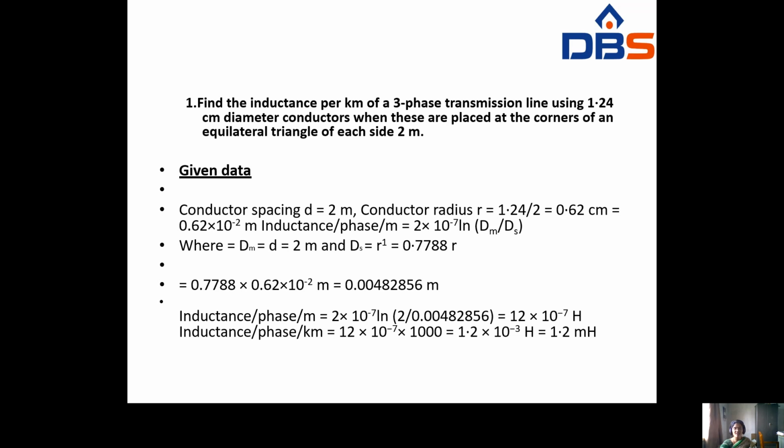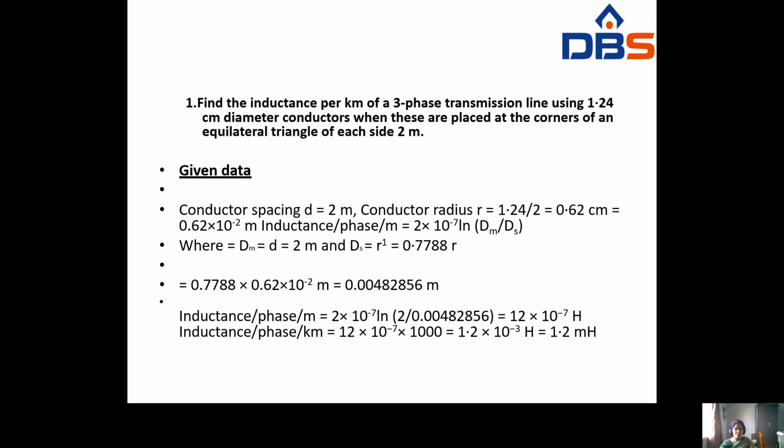What is the formula for r dash? For three-phase transmission lines, Dm equals D, which is 2 meters, and Ds equals r dash. The formula for r dash is 0.7788 r. In the place of r, we write 0.62 into 10 to the power of minus 2 meters.